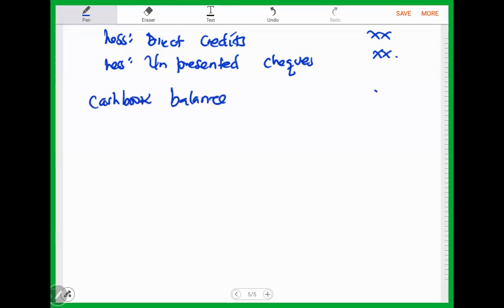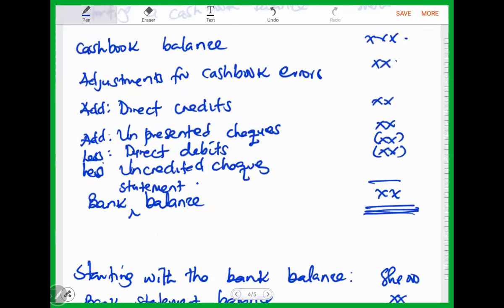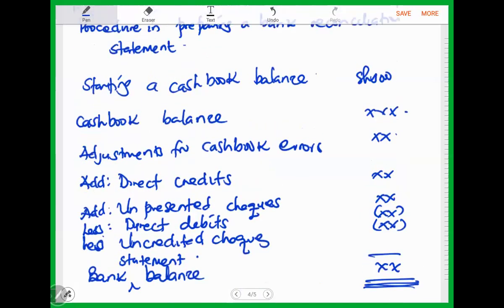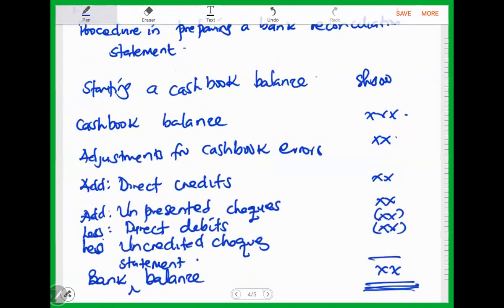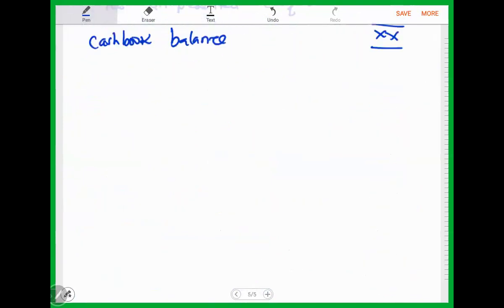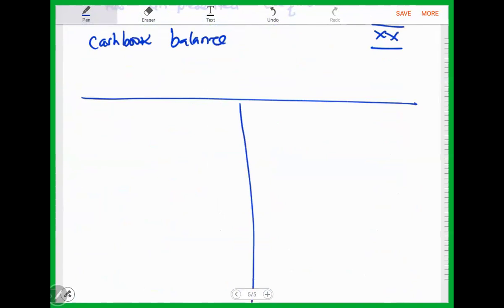Let's try to understand each of these transactions, why we are adding and why we are subtracting. Let's try to make meaning out of them. Now, at this point, I am looking at starting with the cash book balance. I am looking at a situation where I have a cash book balance that has some issues. In my cash book, normally, we don't prepare it this way. We shall be required to come up with an adjusted cash book.